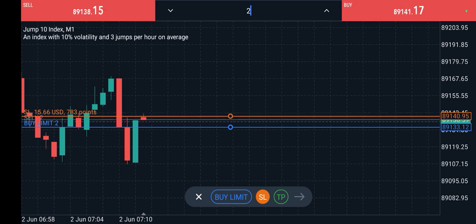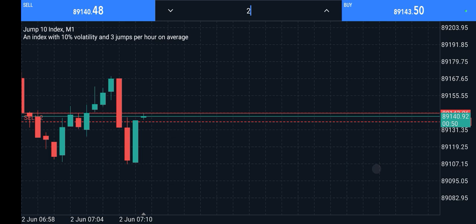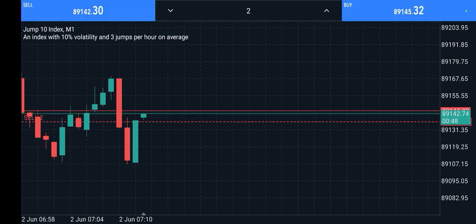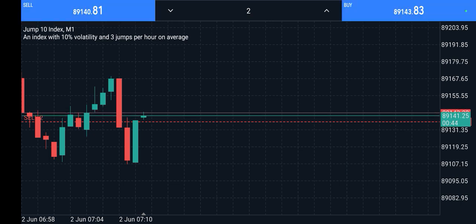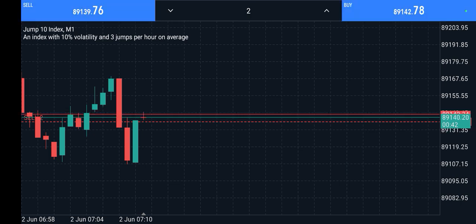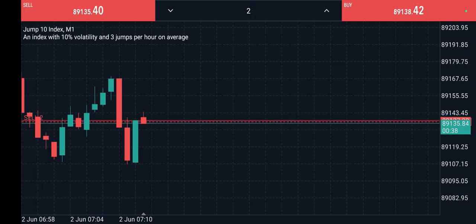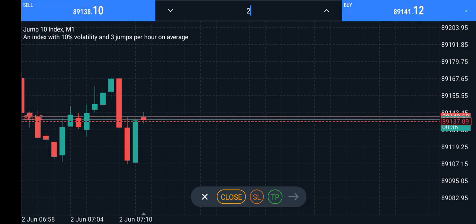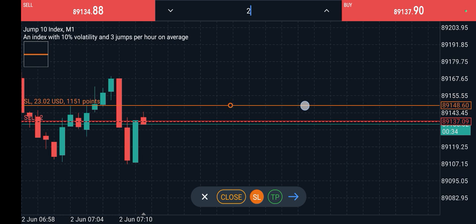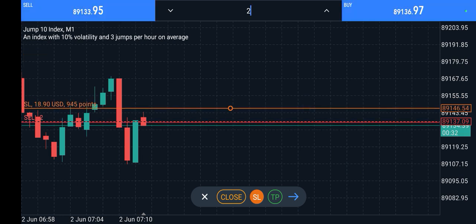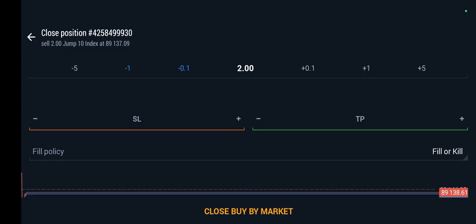So this $15 is the amount I'm willing to risk. So SL is the automatic order that closes your trade at a specific level, because I've given this platform an order that once it reaches this particular place, close my trade for me. $18, close my trade for me. So that is that.